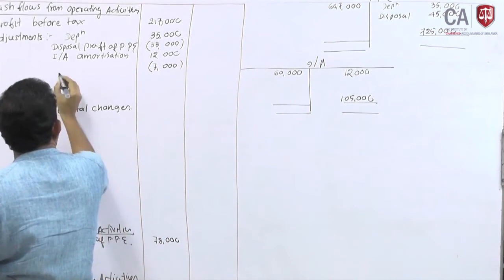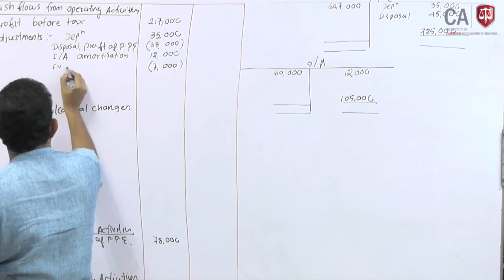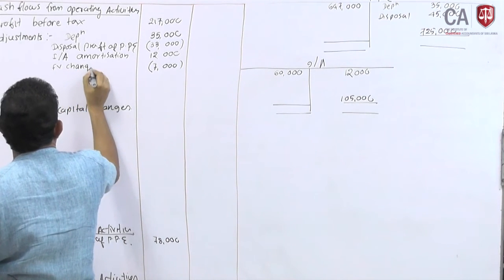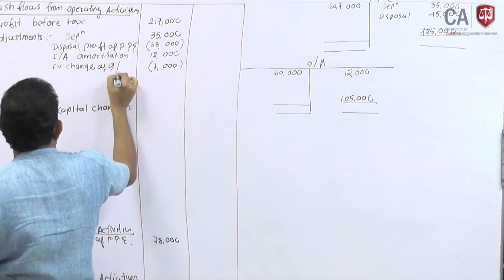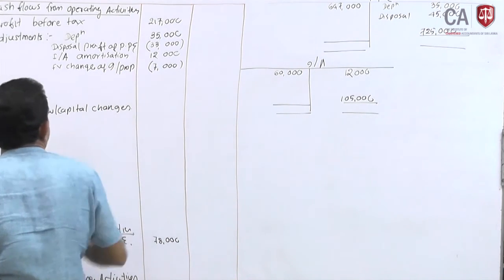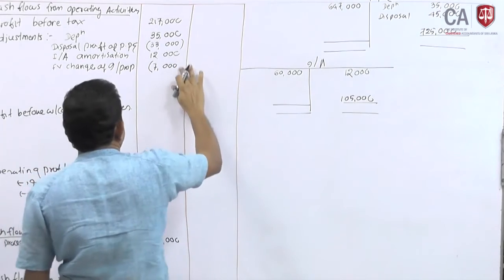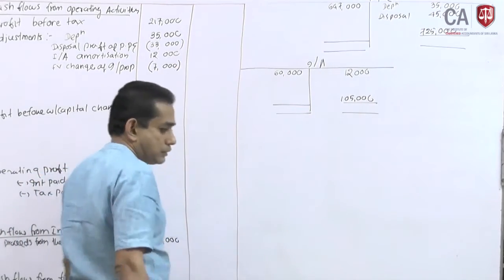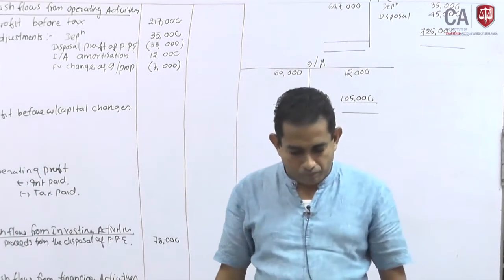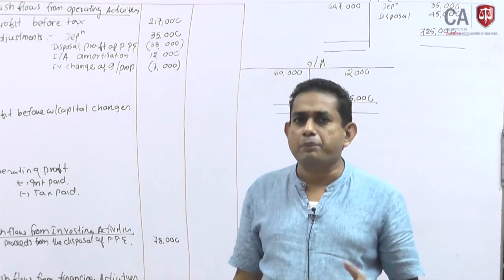7,000. Say fair value change of investment properties, 7,000, right. So, it is like a provision.